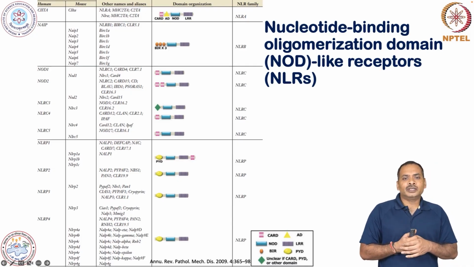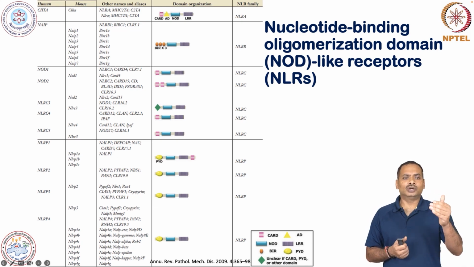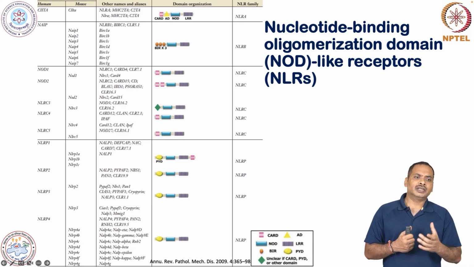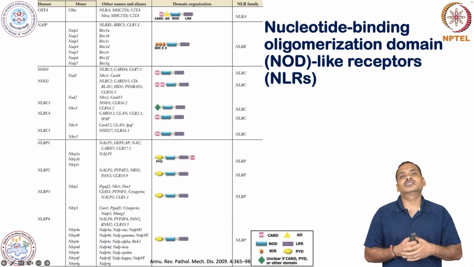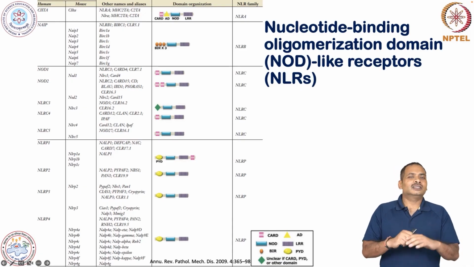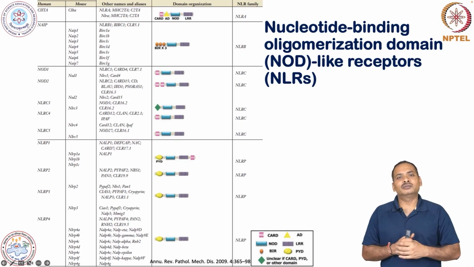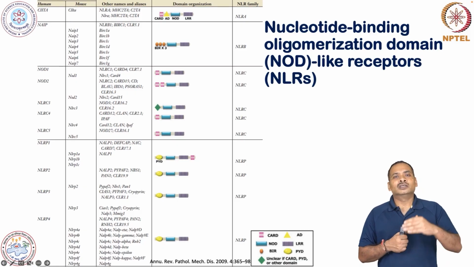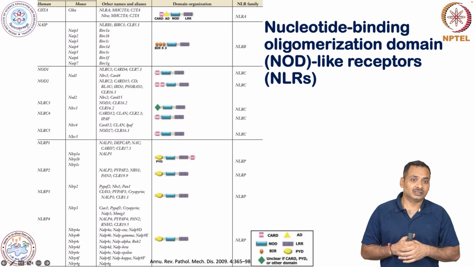If you notice these proteins, NOD1, NOD2, NLRC3, NLRC4, NLRC5, all of them have a CARD domain, and based on domain classification, these proteins are grouped together and called NLRC, CARD domain containing NLRs.